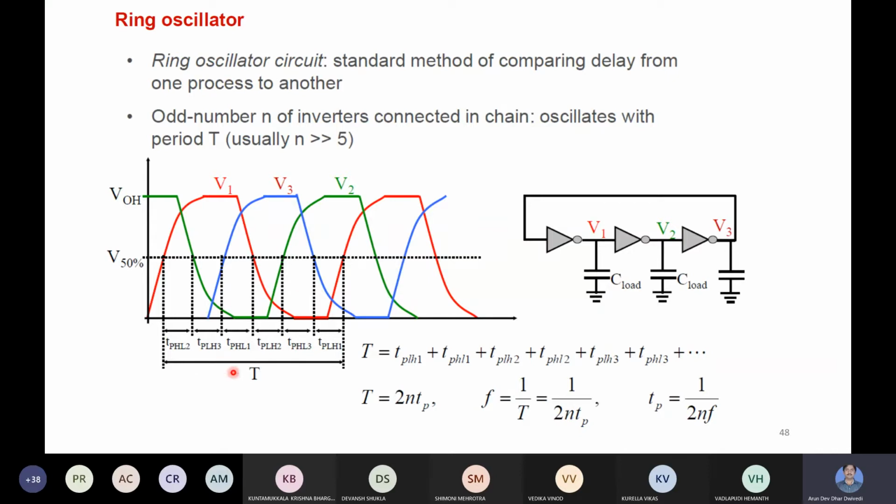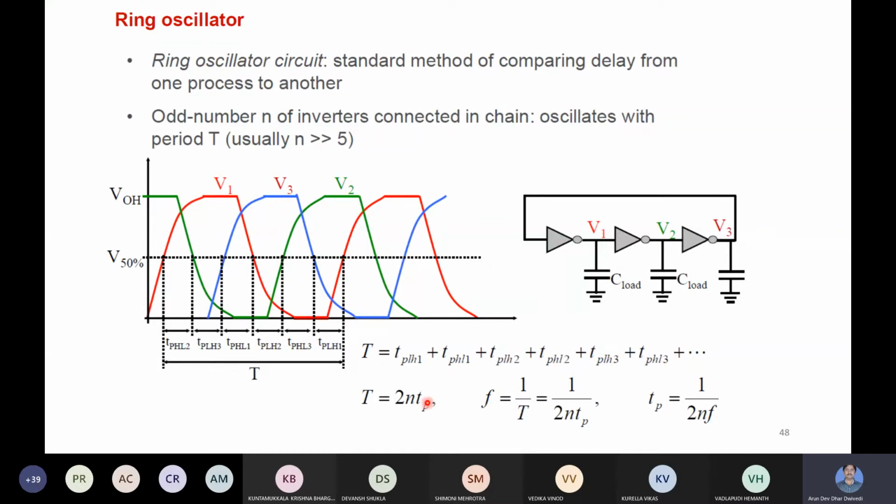You can check, and basically we can see the time period, that means the total time taken including all these stages. It is not exactly delay, it is T that we denote, and we are adding TPLH1 and TPHL1, TPLH2, TPHL2, TPLH3, and TPHL3.